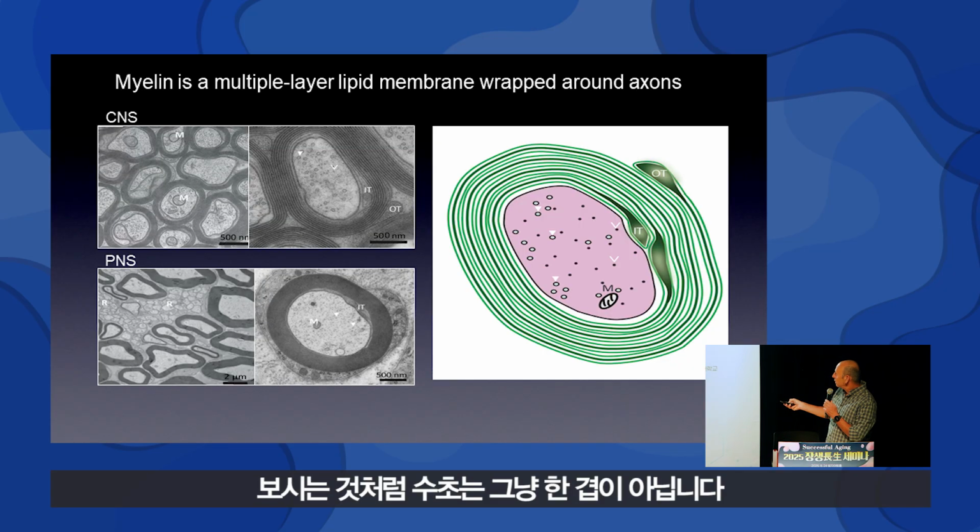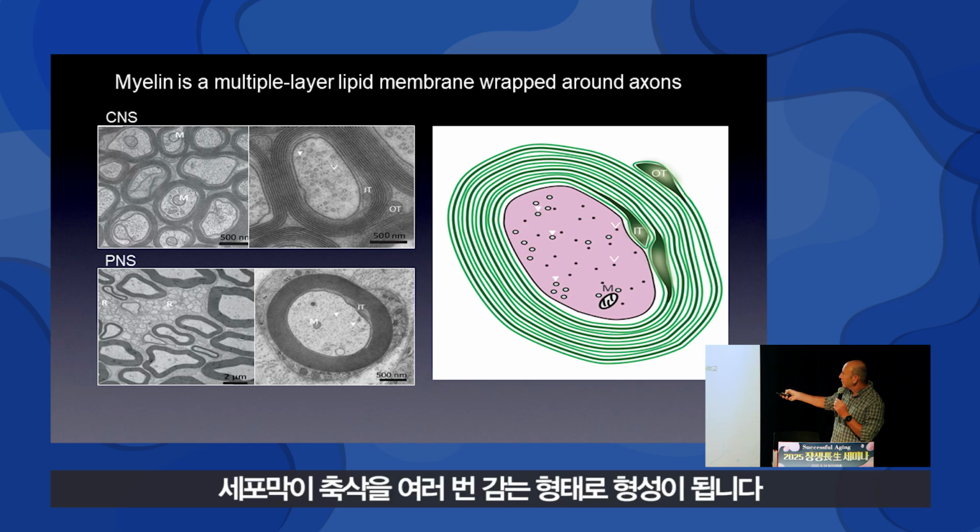So you would see here the nerve cell, or the axon, and this would be the myelin. So the myelin is not one wrap, but in fact a lot of wraps of a membrane of another cell, that we'll come to in a minute.